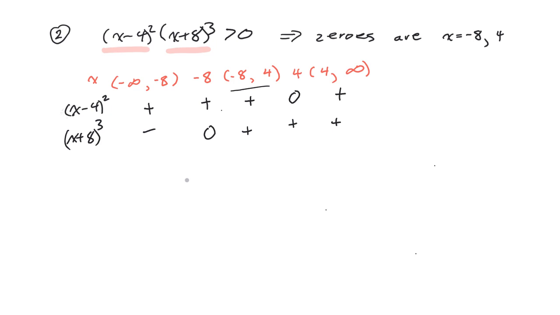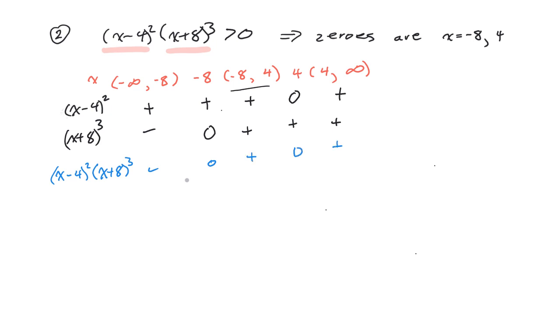So now when we combine all our functions together, when we multiply them, so we have x minus 4 squared times x plus 8 cubed, when you take the resulting signs, positive times a negative is negative. Positive times 0 is 0. Positive times positive is positive.